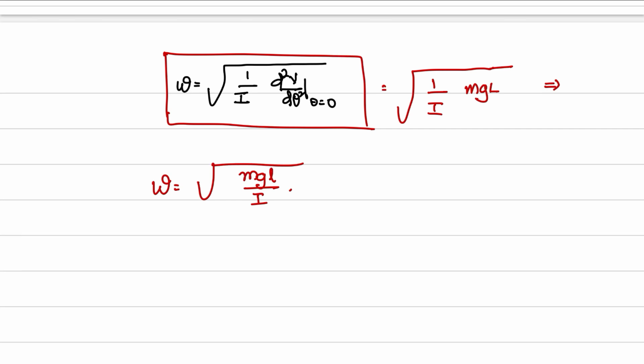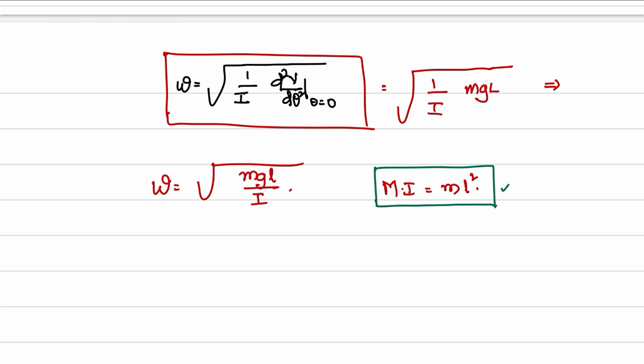What is the I? For the given conditions, the moment of inertia is equal to ml square for the simple pendulum arrangement. Please remember this.